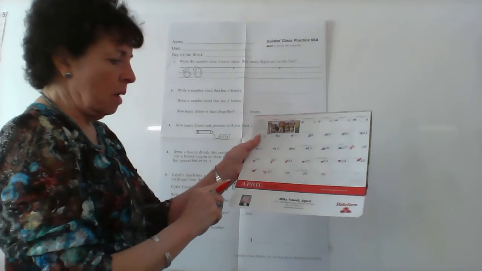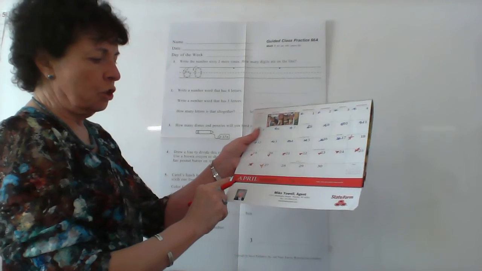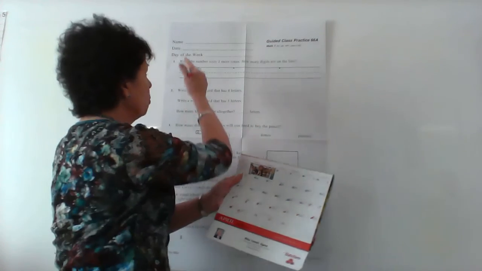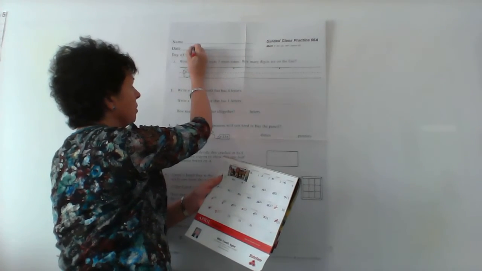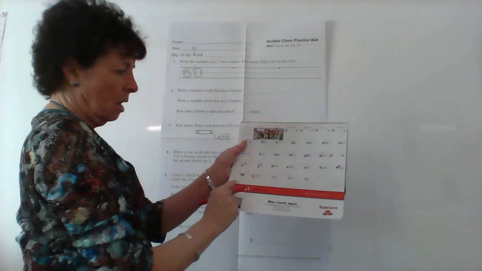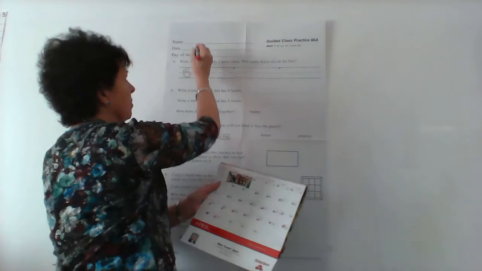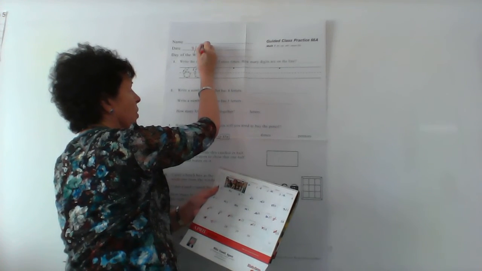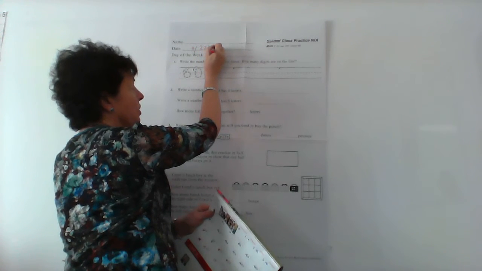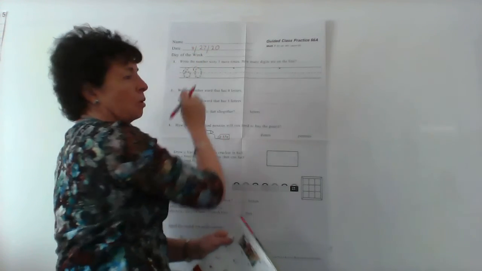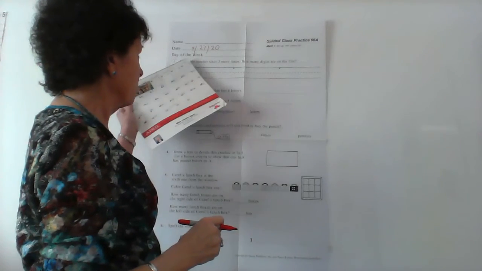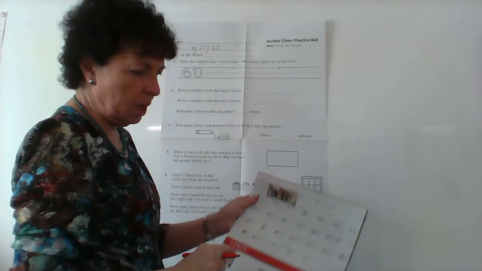Now, on the bottom, I asked you to put the number 4 for the month of April. So we're going to write 4 for the month of April. We wrote that last time. I'm going to write 27 because that's the date it is. And we know that this year is 2020, so I'm going to put the second 20 on my paper. Now it says, what day of the week is that?